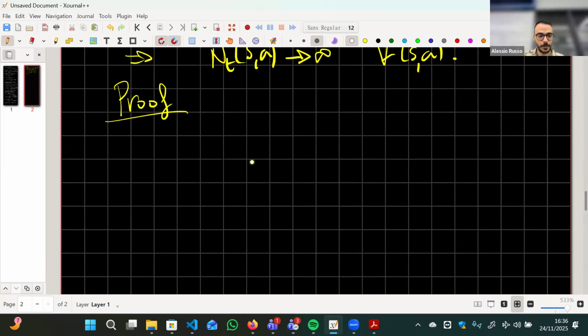So the proof is quite simple in general. We start by fixing some state action pair.